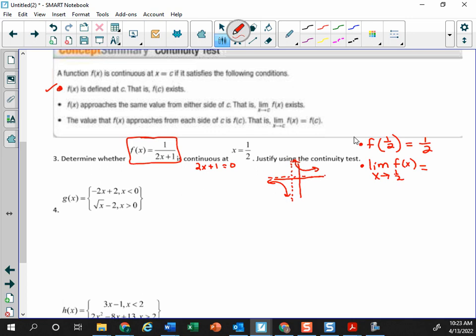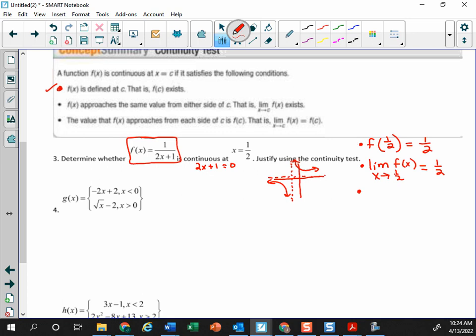It's also 1/2, right? Again, I didn't draw it great. But if you were plotting a point over there, wouldn't you plug in 1/2 and you'd get 1/2 and you can just see that's where the graph is going? Okay. So yes, that limit is also 1/2. Do your first 2 bullet points equal each other? Yes, that means the function is continuous.